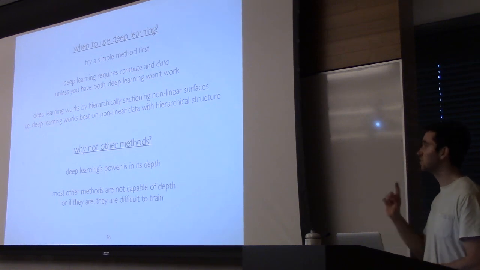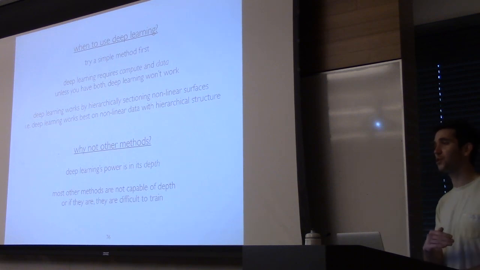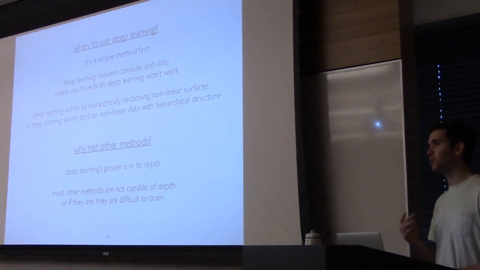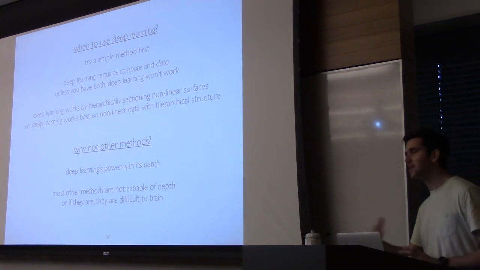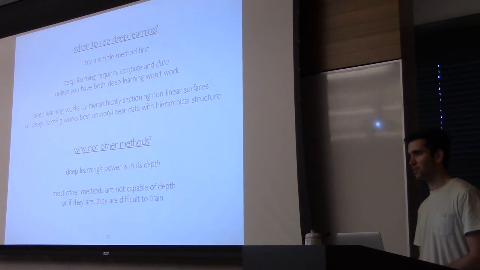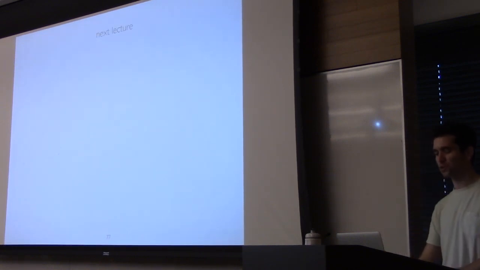But the main thing is that these deep networks are trainable. You can fully differentiate all the way back through them and train this large function. With a lot of other approaches, you can't make this depth and train them. So that's really the only reason why people are relying on deep learning so much.